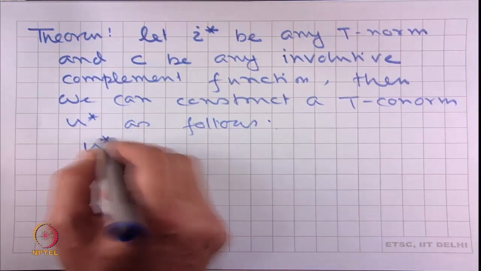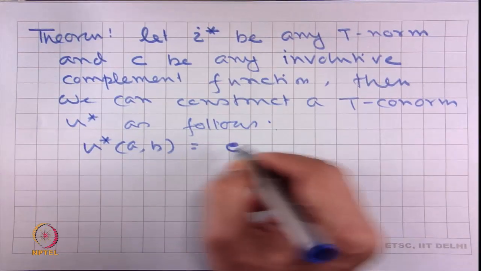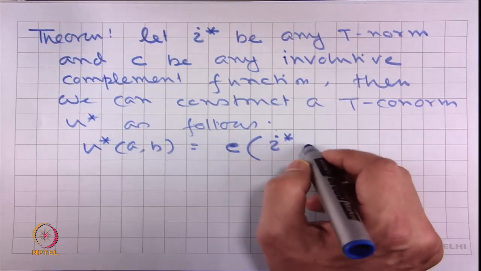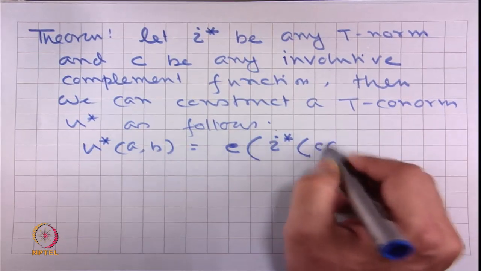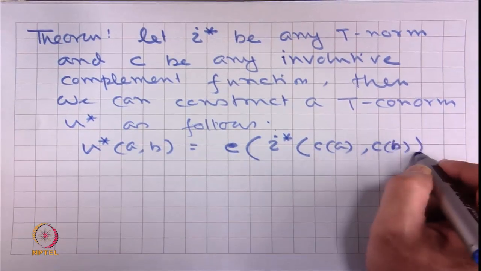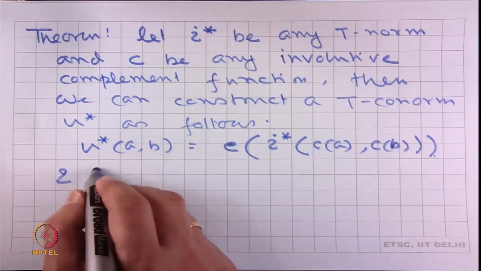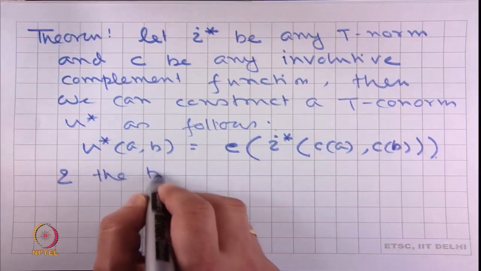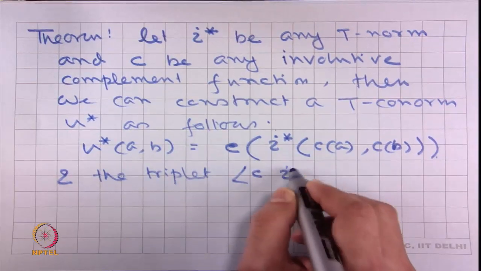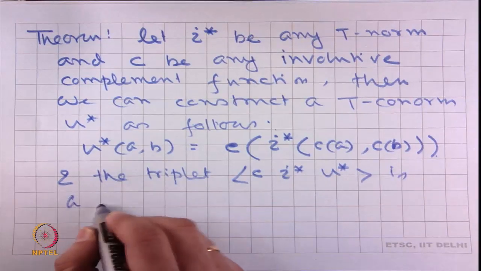U star of A B is equal to complement of I star of complement of A comma complement of B, and the triplet C I star U star is a dual triplet.